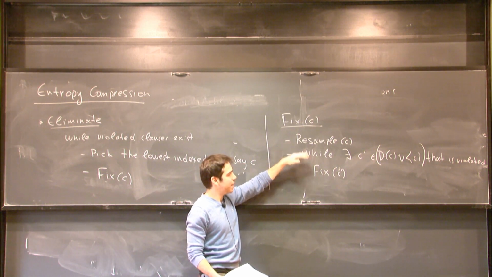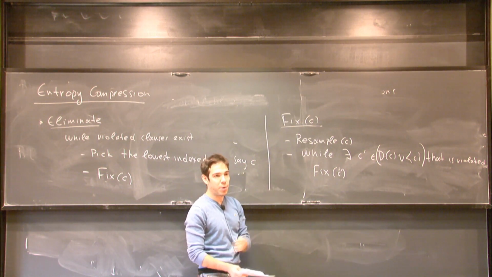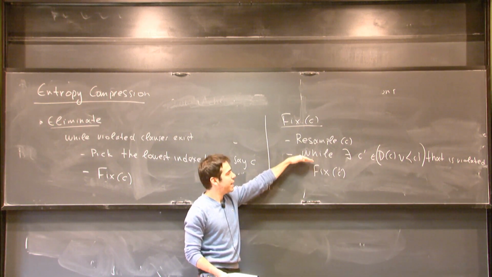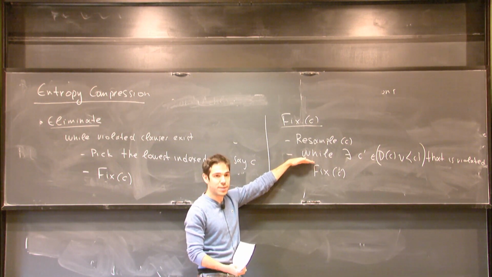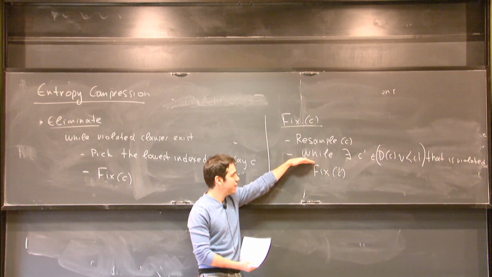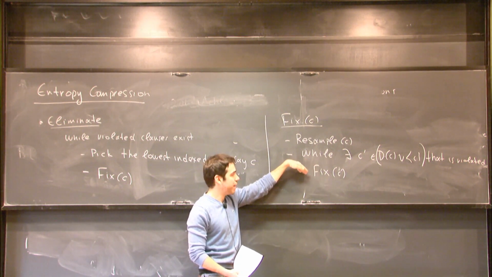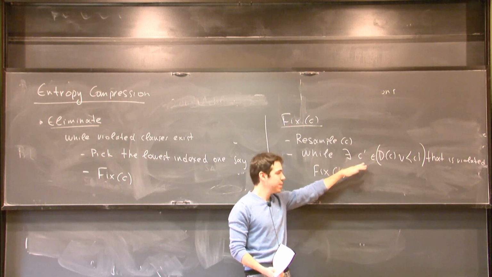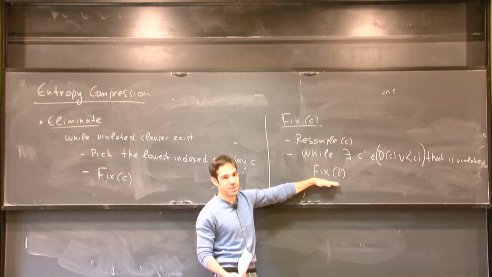Then you check its neighborhood, by which I mean the clauses that it shares variables with. While there exist clauses in the neighborhood of C that are violated, you pick the lowest index one, C prime, and you repeat the process.